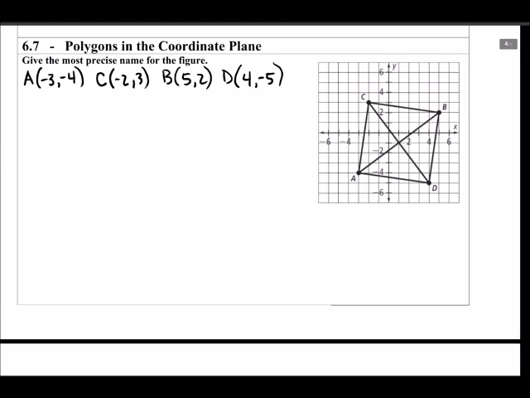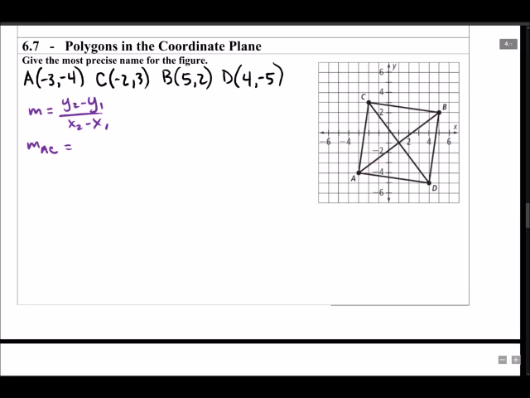So I'm thinking some slope formula and distance formula here. So the first thing I'm going to do is the slope formula. So m is y2 minus y1 over x2 minus x1. And I'm just going to start here on AC. The slope of AC, A to C. And I recommend labeling your points, x1, y1, x2, y2.